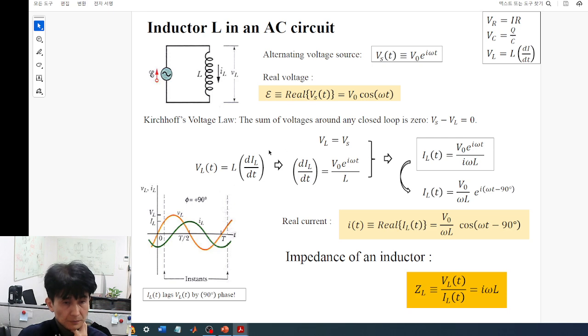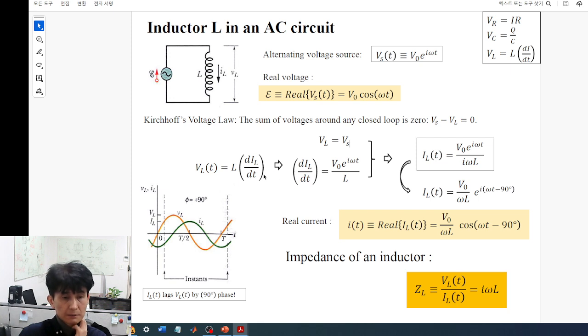And VL is given as L di over dt. That's the Faraday's law representation by using the inductance L.